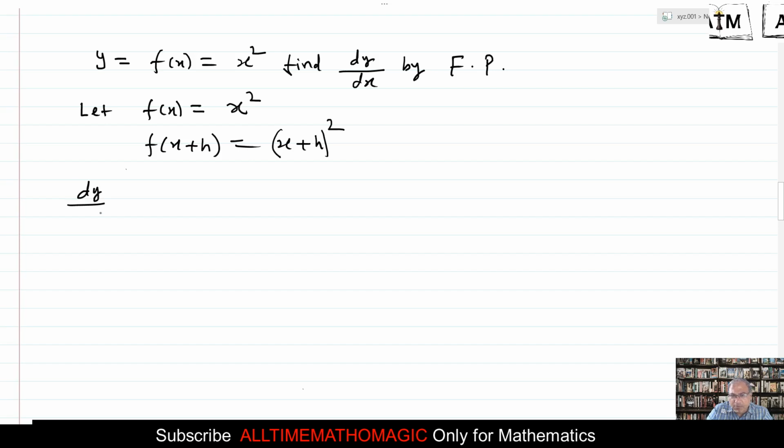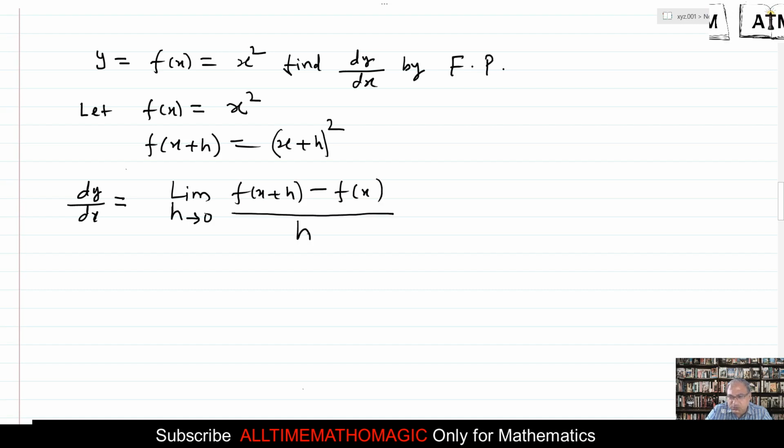Now by definition of dy by dx, by using first principle, limit h tending to 0 of f of x plus h minus f of x upon h. What is f of x plus h?